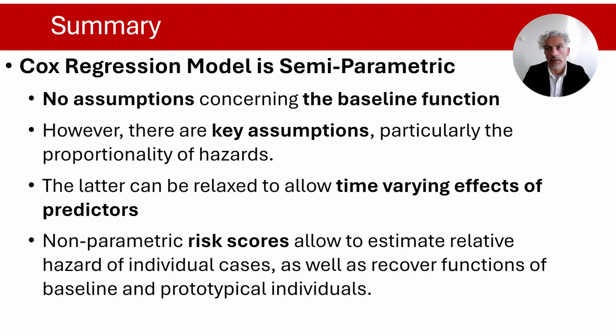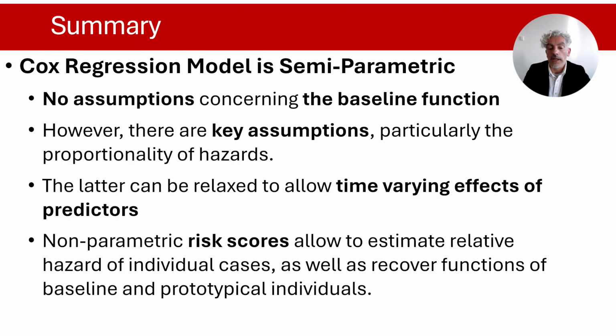Some authors object to this name because, as I illustrated, this assumption can be relaxed. So the Cox regression model doesn't necessarily imply proportionality of hazards. And in fact, I provided an example where I've modeled an interaction between predictors and time.